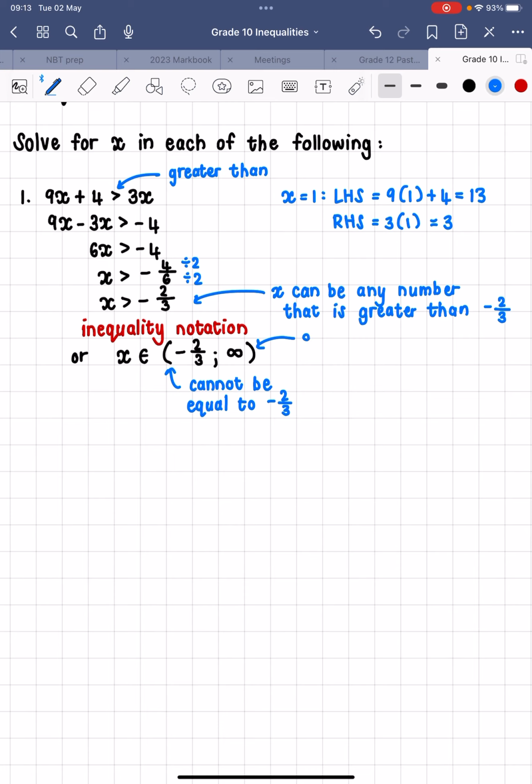So infinity is not an actual number, therefore x cannot ever be equal to infinity. And just the name of this notation, this was interval notation.